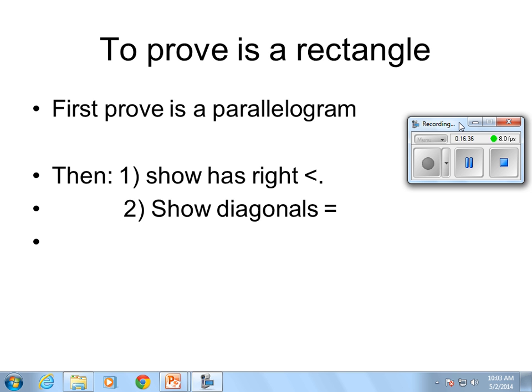What's that perpendicular symbol tell us about that angle? 90 degrees. And that'd be enough to say that that would be a right angle, or a rectangle. So if slopes are equal, things are parallel. If slopes are opposite reciprocals, then they form right angles.